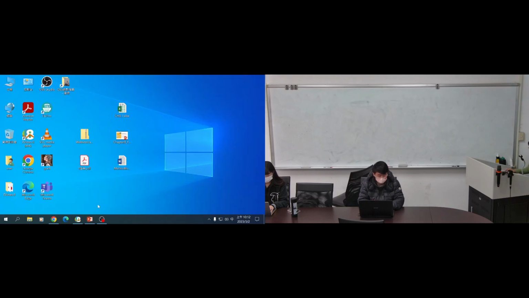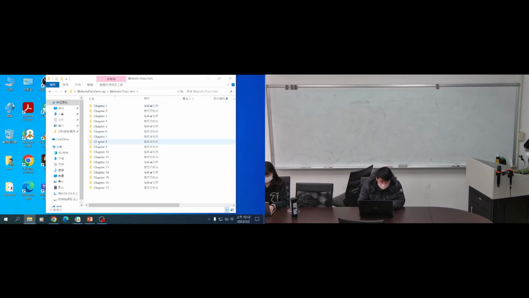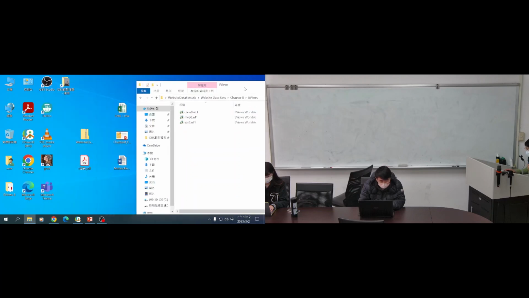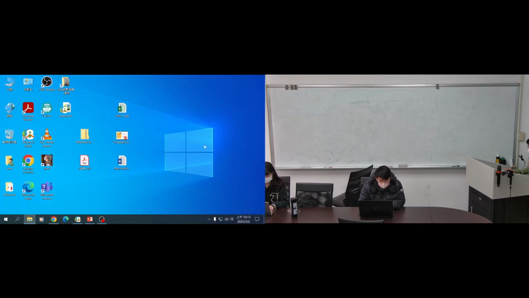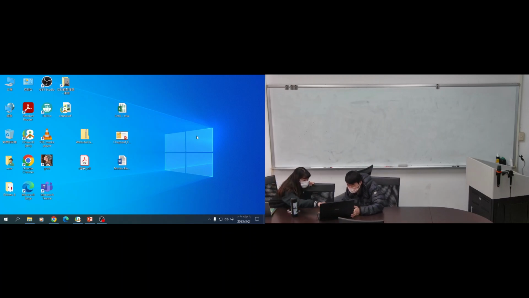I also have the data in eViews. If you have the data set in Excel, you may just drag the Excel file into eViews, then it automatically converts to an eViews file.